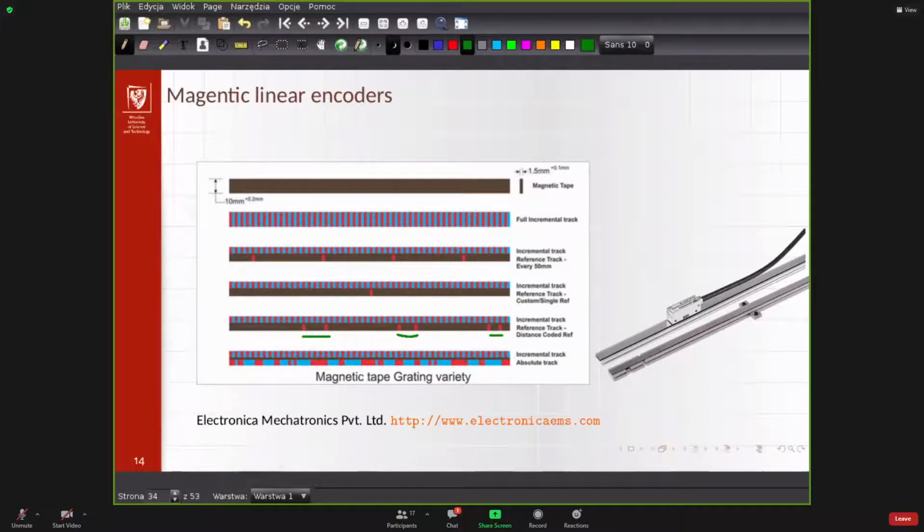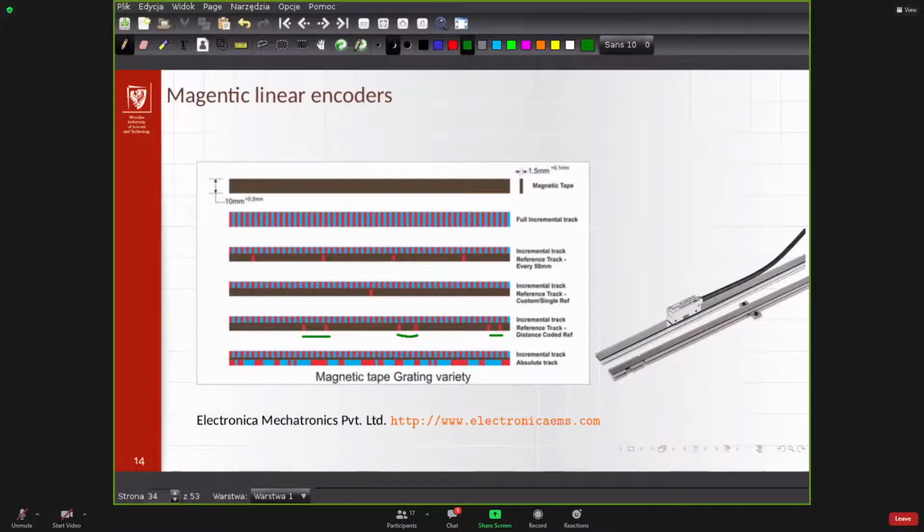And a similar approach is with the continuous one. As you can see, those are really different industrial approaches to the magnetic linear encoders. All options are just what you can get from different companies, depending on what your needs are.